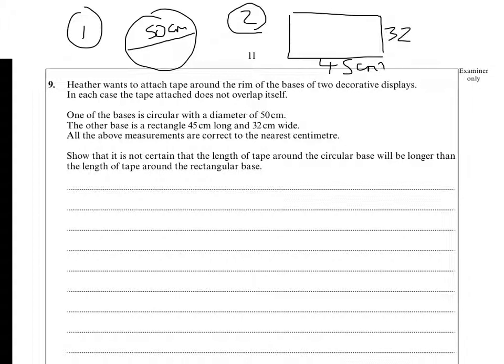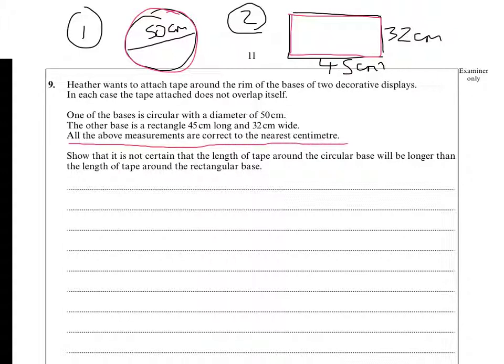All of that is fine, and your method of working out the length around the rectangular base and around the circular base as well is both fine. But the thing that you've missed out is that all of the measurements are correct to the nearest centimetre.